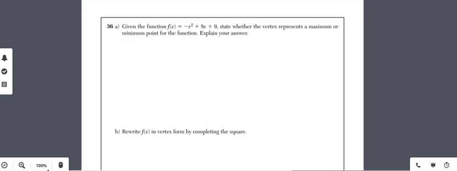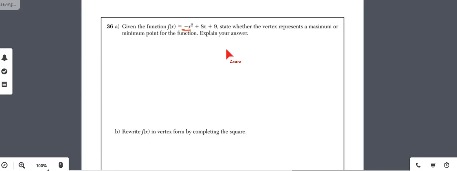Look at the next question. You are given a function and asked to state whether the vertex represents a maximum or minimum point for the function. Okay, so it is very easy. Whenever you are given a quadratic function, you can easily check whether the function will have a maximum or minimum depending on the sign.